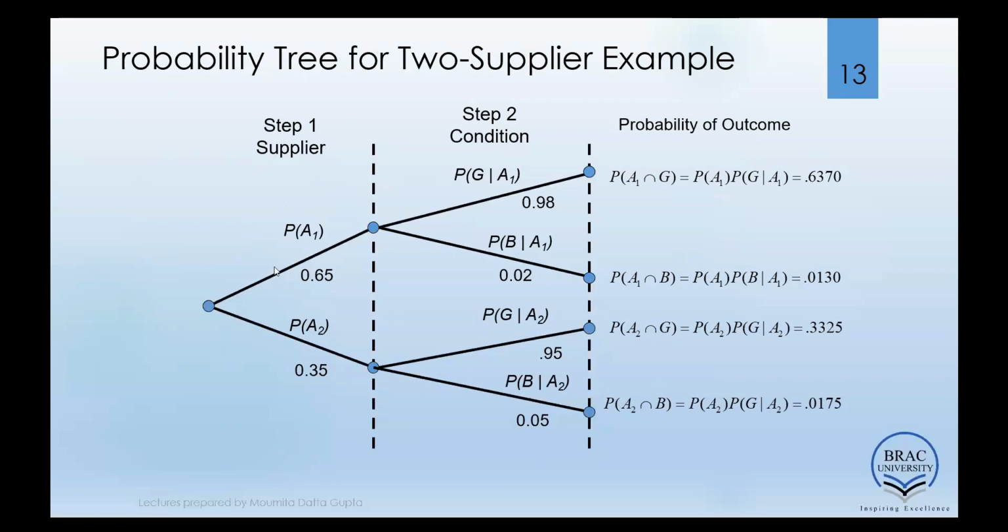At step 1, as we have already discussed, we have prior probabilities of parts coming from supplier 1 and supplier 2. At step 2, we have the conditional probabilities of parts being in good or bad condition given which supplier they are coming from. And finally, we have the probabilities of the outcomes of these four events.